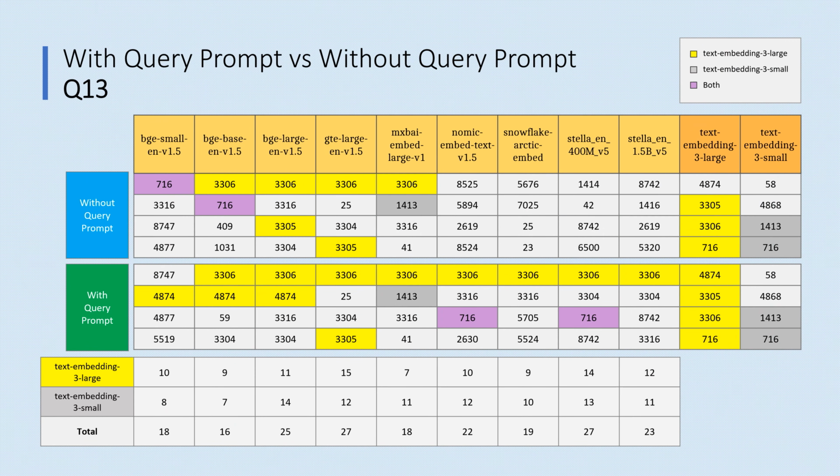We are halfway there, but we can see that this time both gte-large and Stella EN 400M are leading ahead of others. BGE-large and Stella EN 1.5B are not far behind. Let's see how this race turns out.